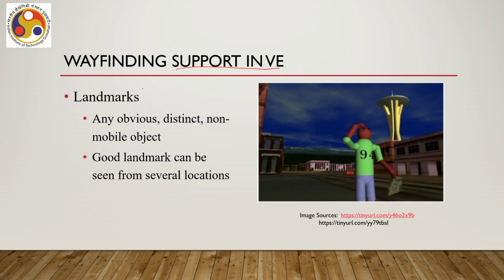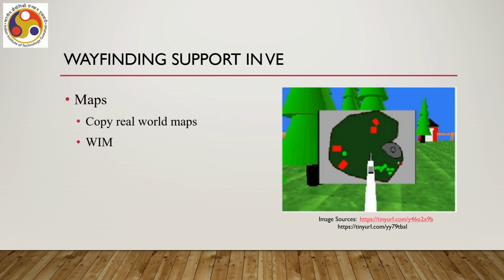Say, one way is to have landmarks. These are any obvious, distinct, non-mobile objects that are positioned in a given place. A good landmark can be seen from several locations, so it should be clearly visible from different points of view. We can also provide support for maps of the space of the place.